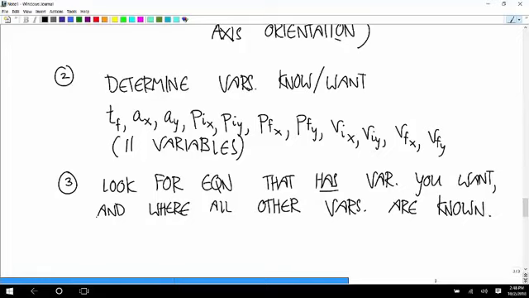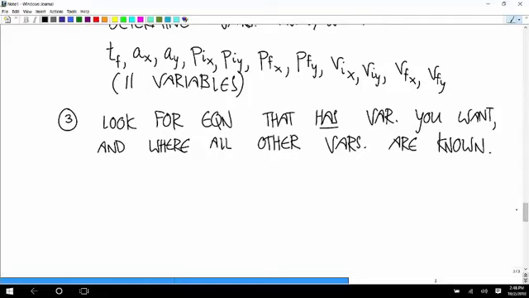If you can find that equation, you can use that to solve for the variable you want, and you're done. That was in 1D almost always the case. There are sometimes cases where you have to find an intermediate variable. In 2D, it's more common that you're going to have to first go back and find an intermediate variable.